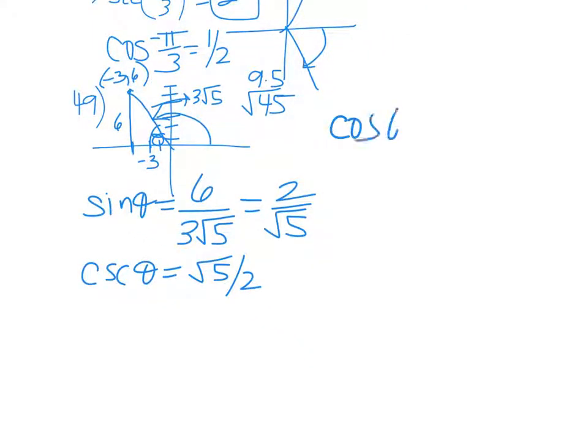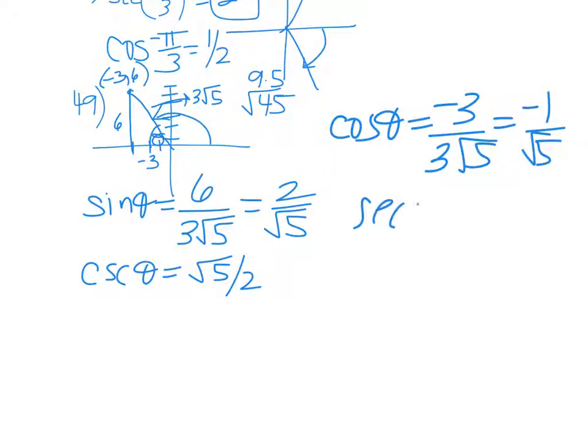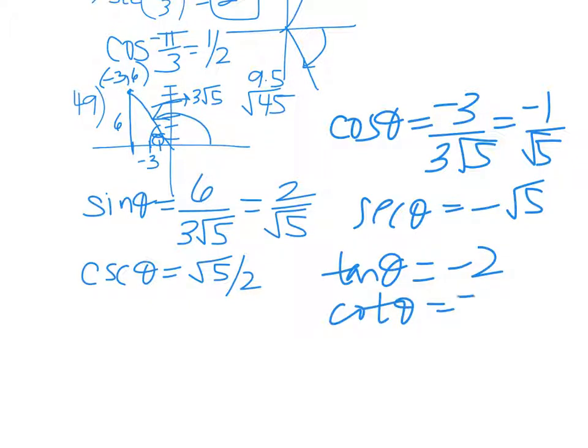Cosine of the angle is adjacent over hypotenuse, or -1 over rad 5. Secant is negative rad 5. Tangent is opposite over adjacent, -2. Cotangent will be the reciprocal, -1/2. So you set up a triangle and do SOHCAHTOA.